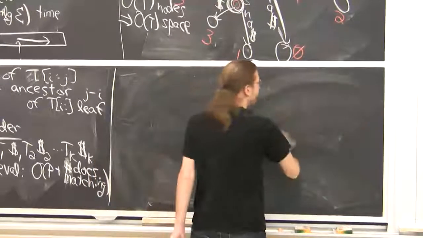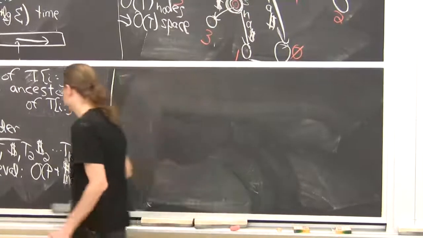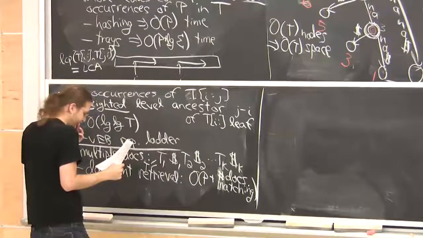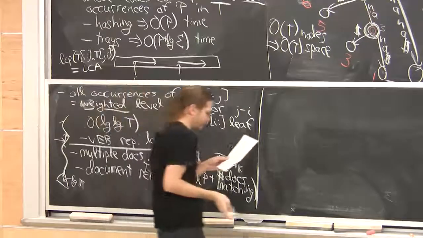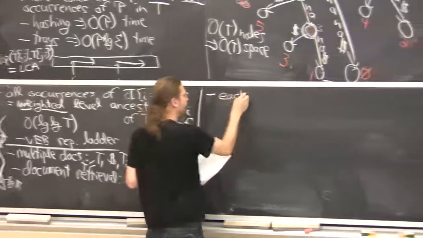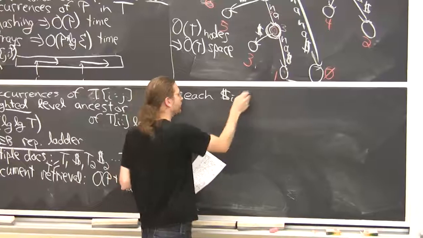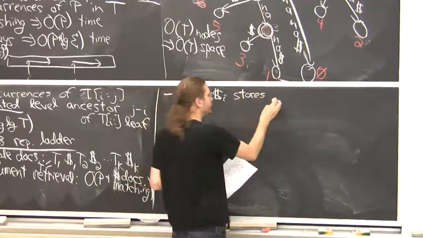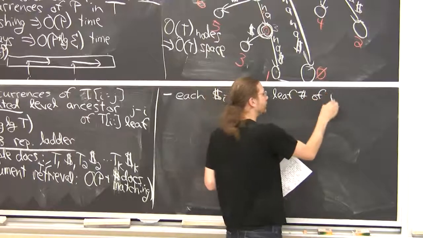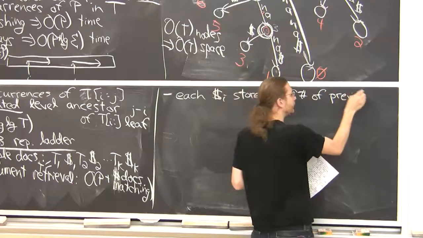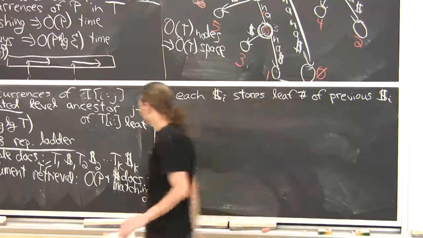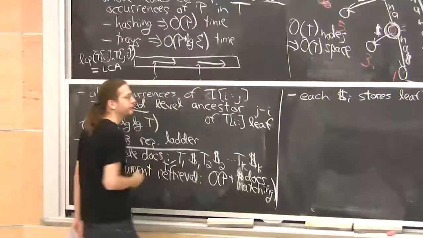And then I think we'll move on to how to build a suffix tree. So, document retrieval. Here's what we're going to do. Okay, remember these different $i represent different documents.